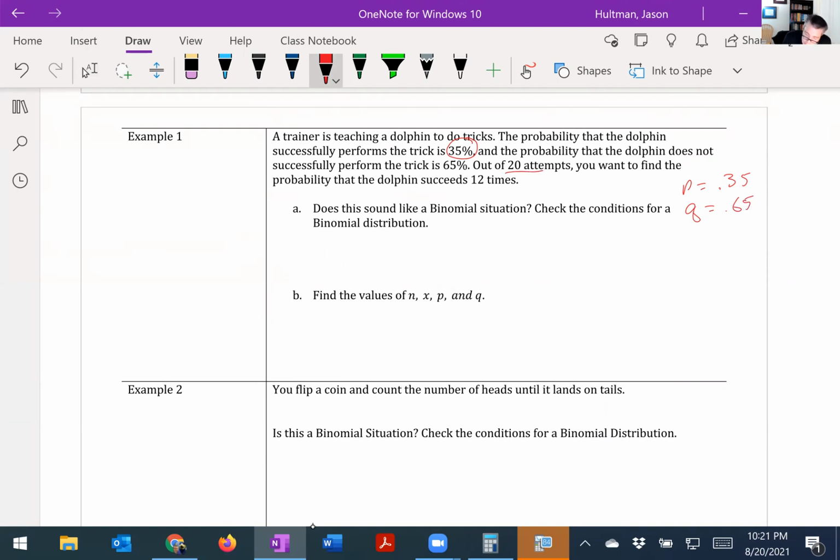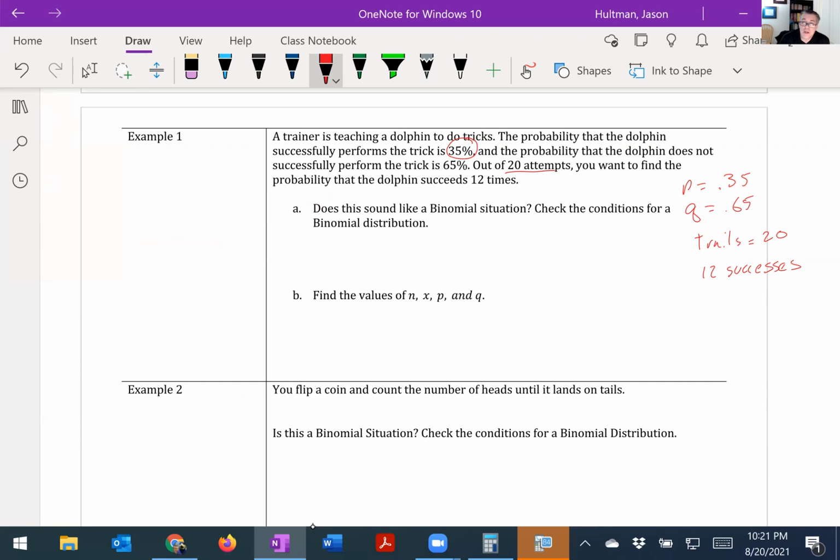Out of 20 attempts, that's the number of trials, so n is equal to 20. You want to find the probability that the dolphin succeeds 12 times. So 12 successes out of 20 trials.